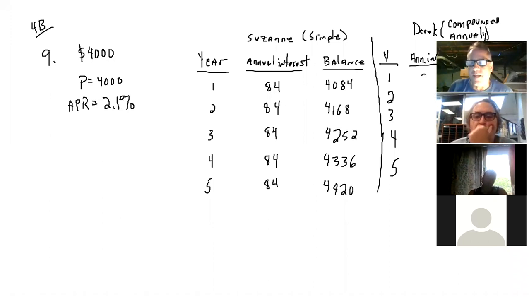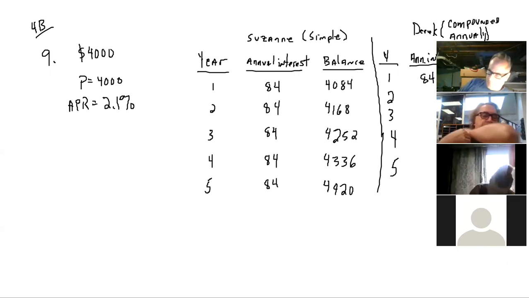You're going to take 4,084 on your calculator, this number, times 0.021.